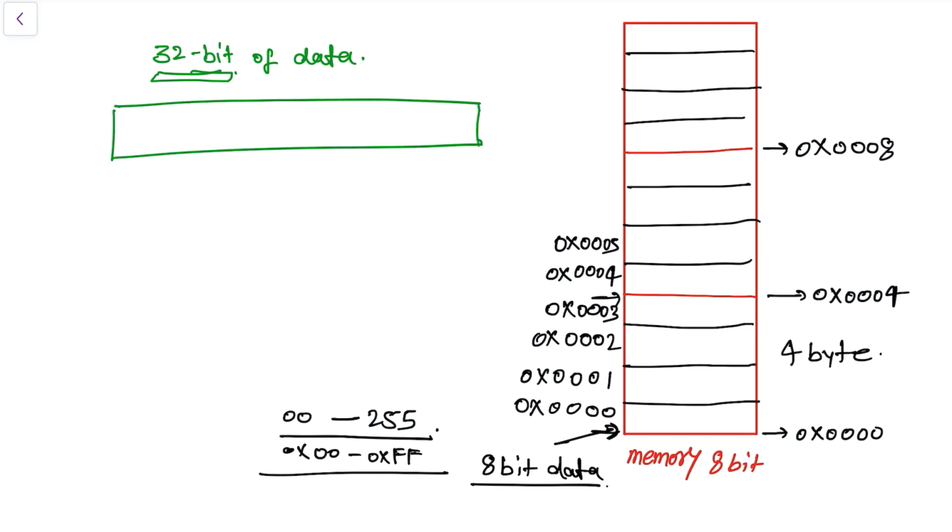The 32-bit can be classified into 4 bytes. This is the upper byte, which starts from the 31st bit down to 24, and then here it has 23 to 16, here 15 to 8, and then 7 to 0. That means 0 to 7 is 8 bits, 8 to 15 is 8 bits, 16 to 23 is 8 bits, and finally 24 to 31 is 8 bits.